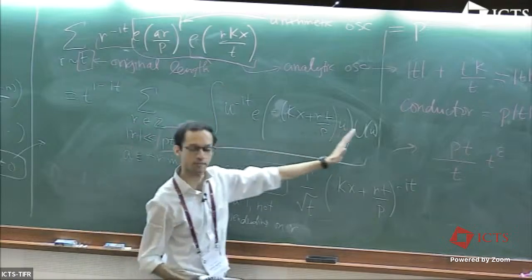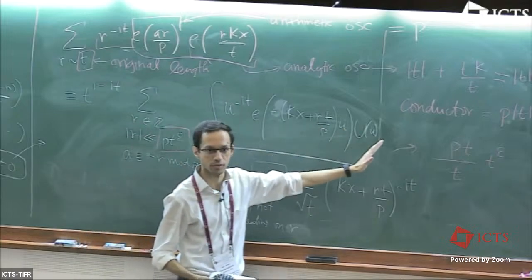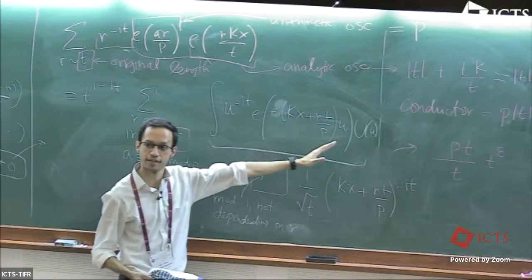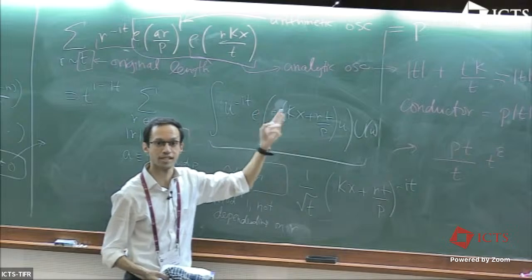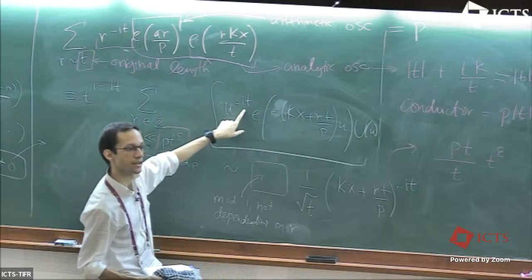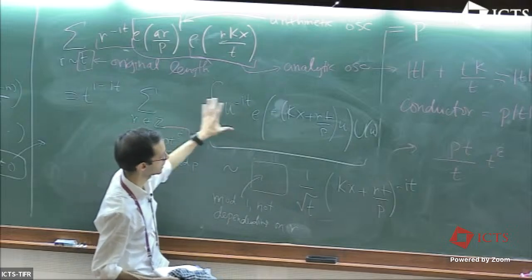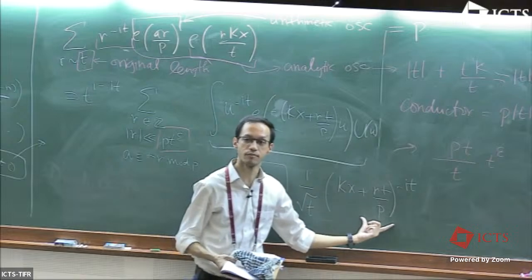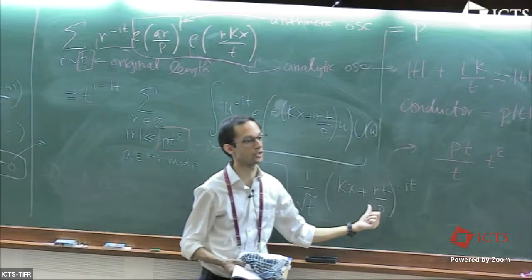A priori, if you just bound it trivially by absolute values and you kill the oscillations, this integral is of size 1. But if you do the stationary phase analysis, you get a square root saving. A square root of what? The square root of the size of oscillation. So it tells you that the size of this integral is actually 1 over square root t, but you still have certain oscillations that can be exploited later. You still have this x oscillation.